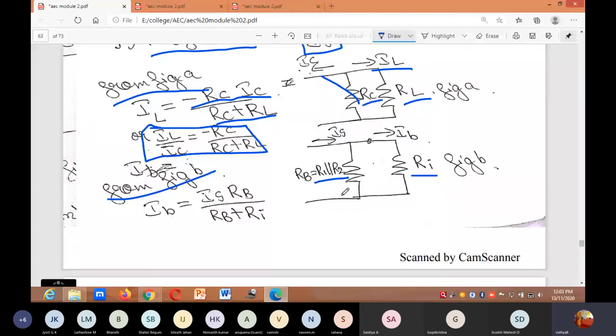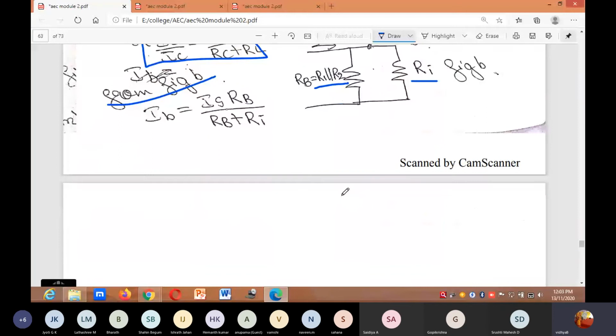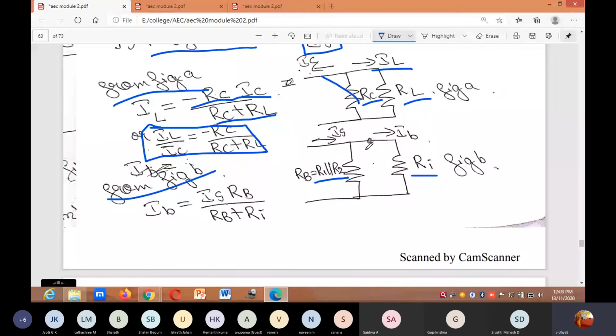So you will get that IB is equal to, from this figure, IS into RB divided by RB plus RI.